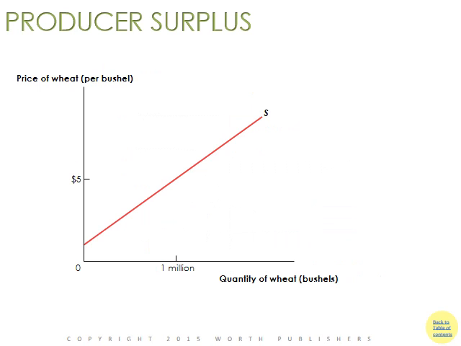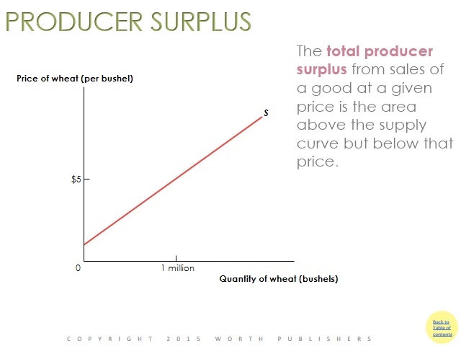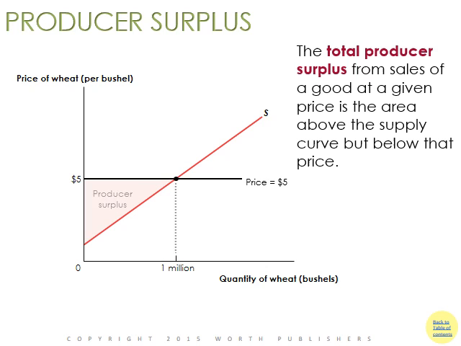When we add more potential sellers to our market, we're going to get a supply curve that's both smooth and continuous, as this linear supply curve shows. The total producer surplus is going to be the area that's above the supply curve up to the price line.